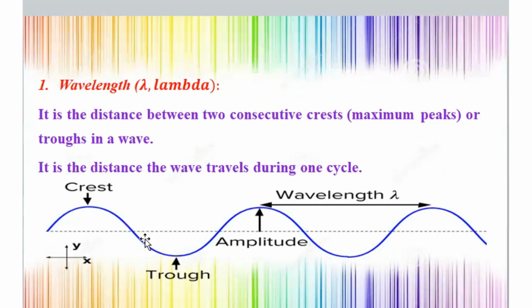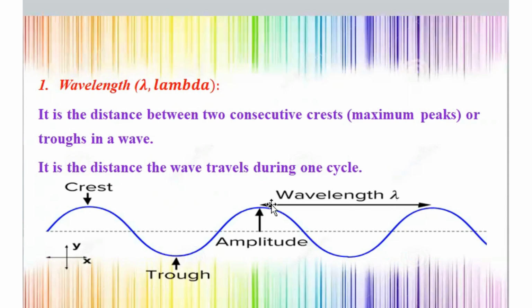This is a wave. The peak represents the crest, and the depth of this wave represents the trough, and the wavelength is the distance between two consecutive crests or troughs. For example, here, this is the wavelength.